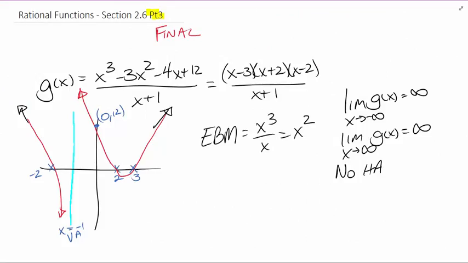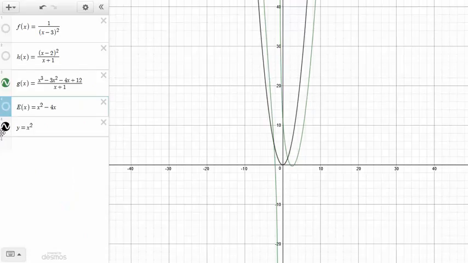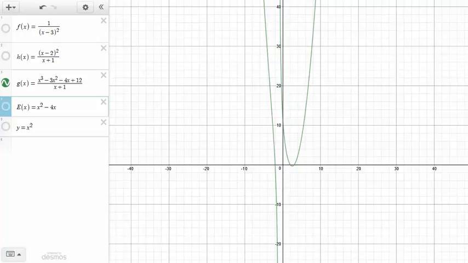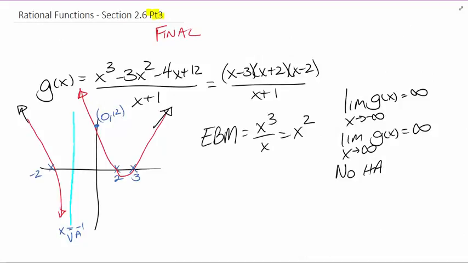We're going to clean up our end behavior model today, and we're going to make it a little bit better. So if I put y equals x squared on this graph, you can see that the black and the green, similar to the right and to the left, are both going up to positive infinity, but we're going to do a little bit better than that today. We're going to come up with what we'll call a slant asymptote.